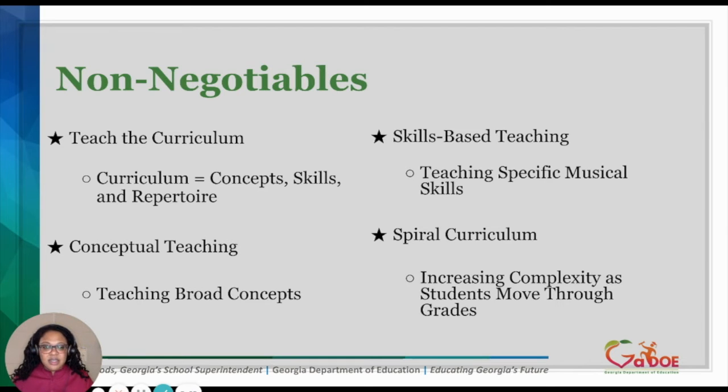All right. And so the complexity of the concepts and the skills simply increases. It just gets more and more complex as students move through the grades, but they are learning the same concepts, just with more depth and breadth as they get through your 6 through 12 band program.